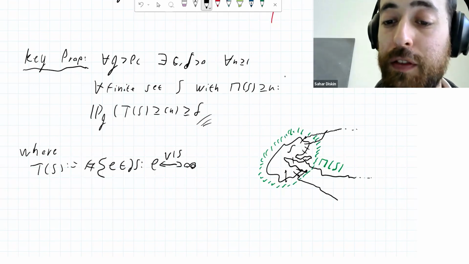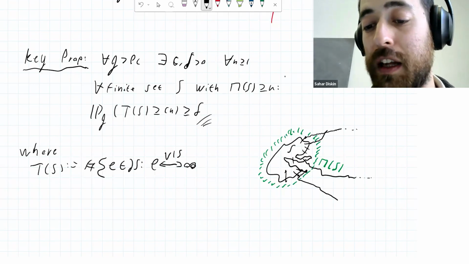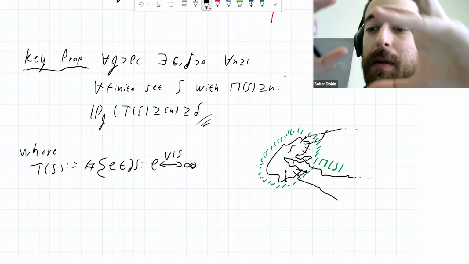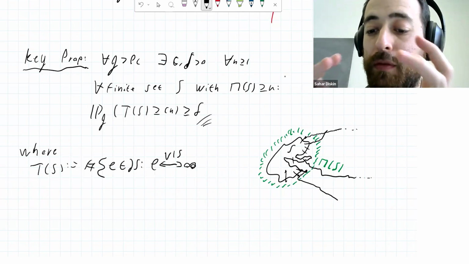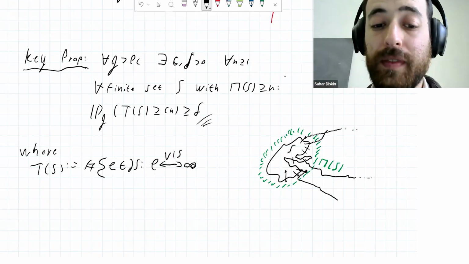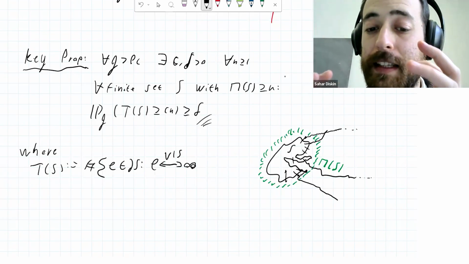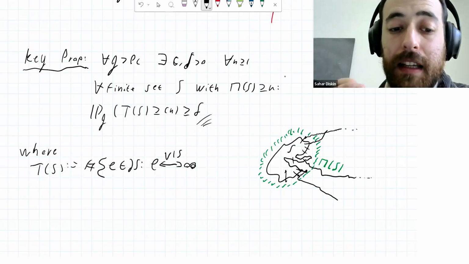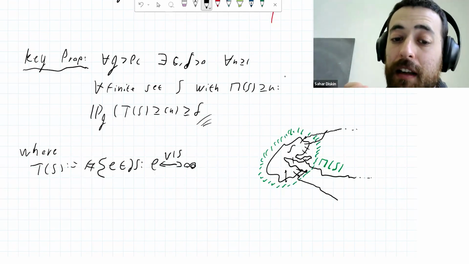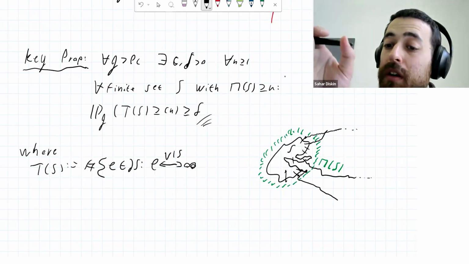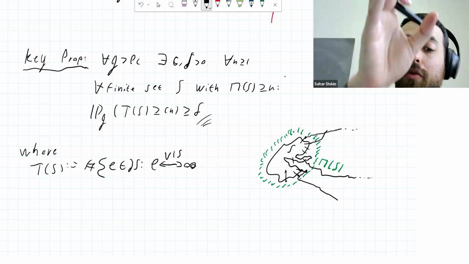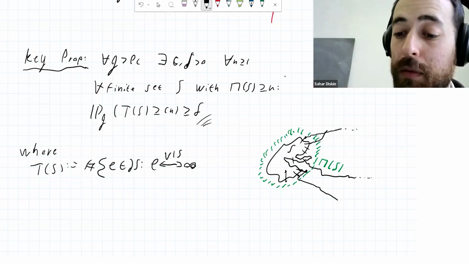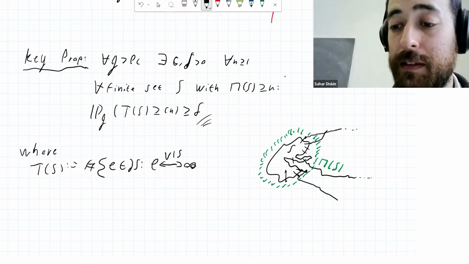So if I look at the minimal thing I can enclose my set with and separate it from infinity, say it has size at least n, and I fix this set S inside, then if I'm supercritical, I will be able to move from S to infinity in quite a few points, and quite a few with respect to how big this pi of S is.